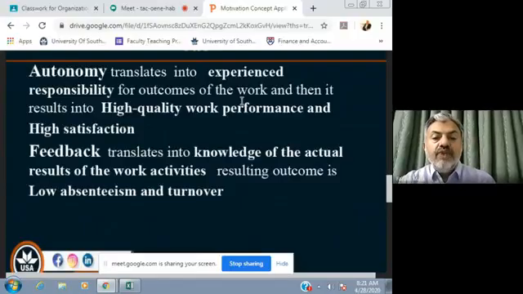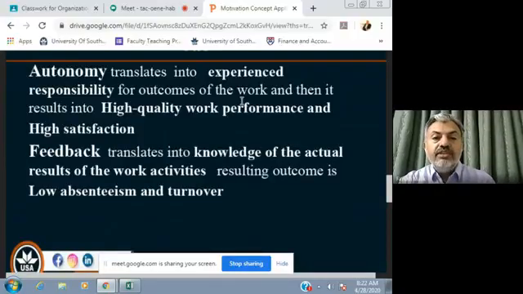So if you have good knowledge of the actual results of the work activities, that these are the work activities that I performed, and now what are the results of these activities, the resulting outcome is low absenteeism and turnover. If you're getting good feedback and you are doing your work diligently, then there is low absenteeism and turnover in the organization. Absenteeism is that you are missing classes, you are not attending classes, so there will be low absenteeism.